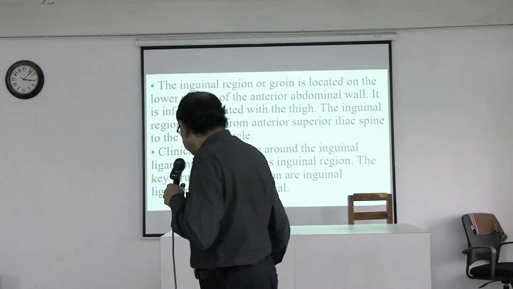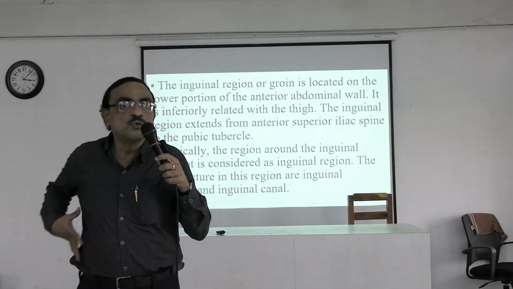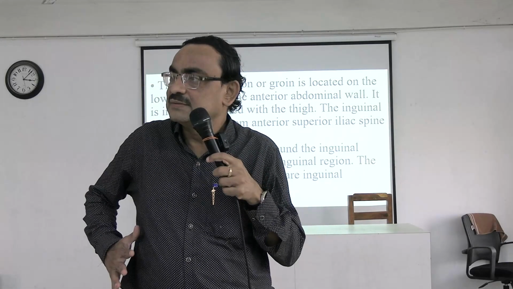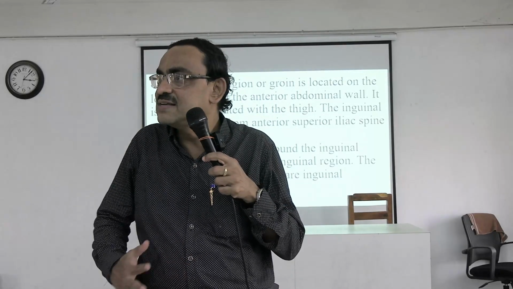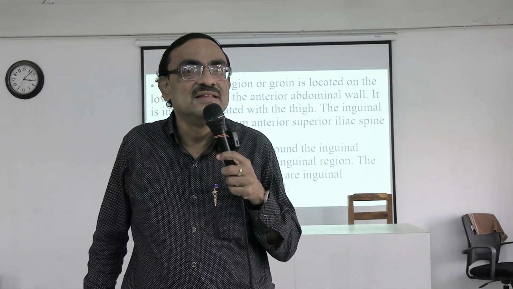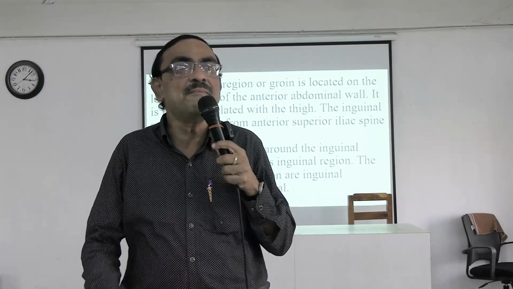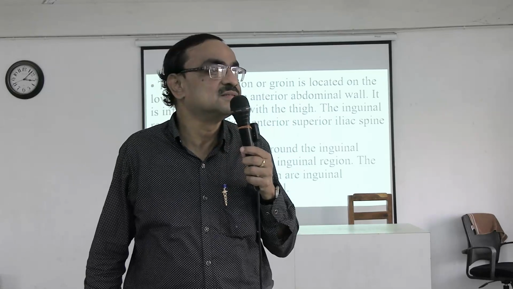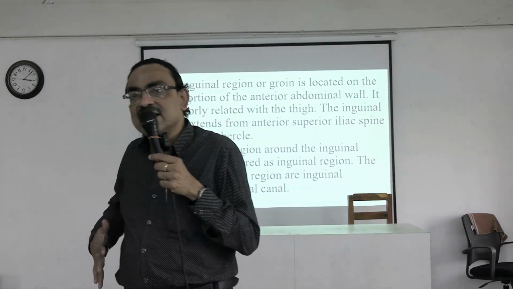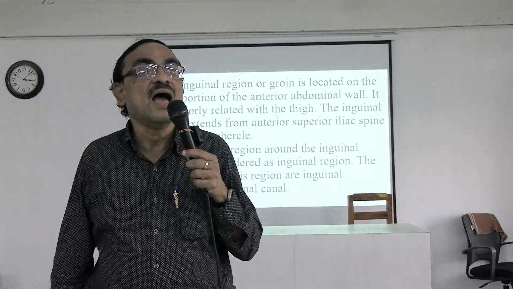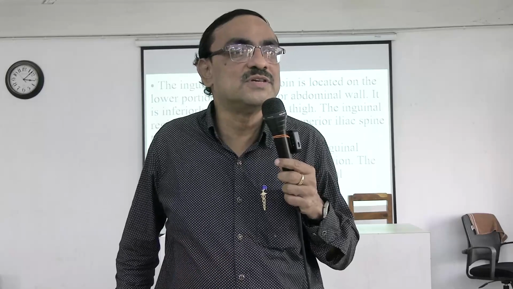What sort of peculiarity? They are muscular on the lateral part. And as they approach the medial side, they lose the muscle fibers and become membranous or tendinous, and that part is called aponeurosis. So this is the external oblique aponeurosis.